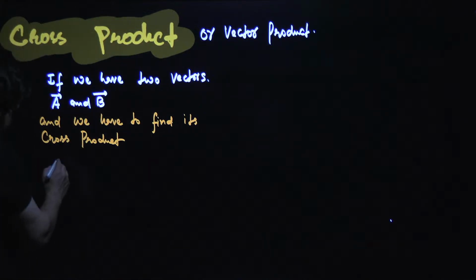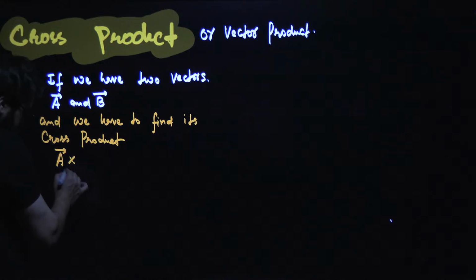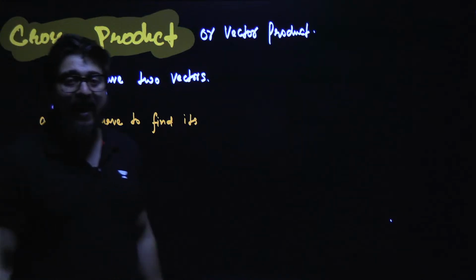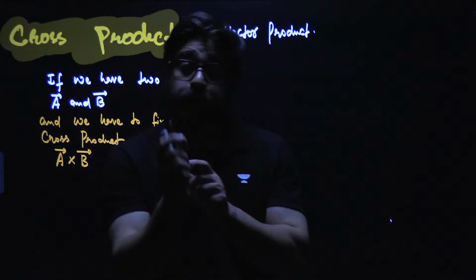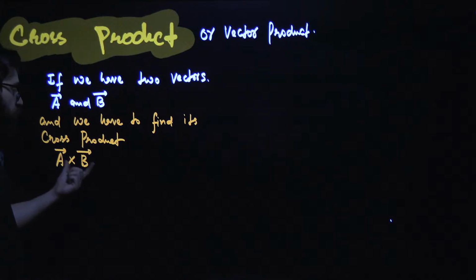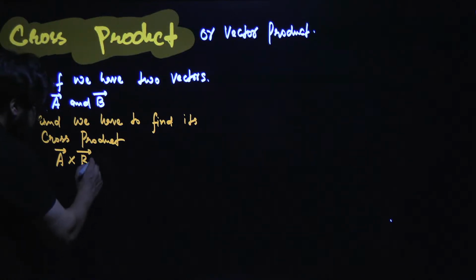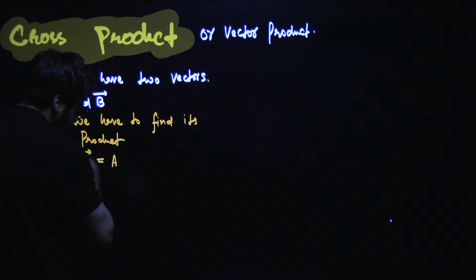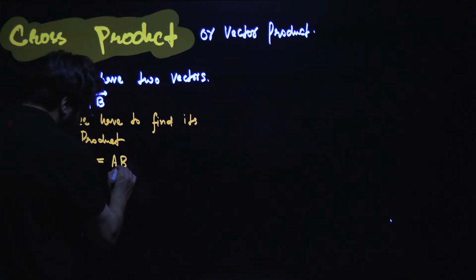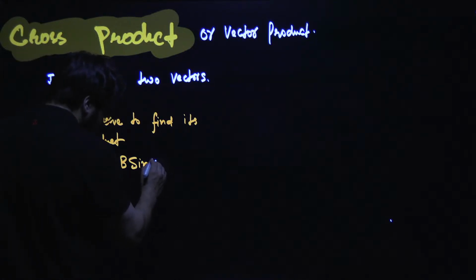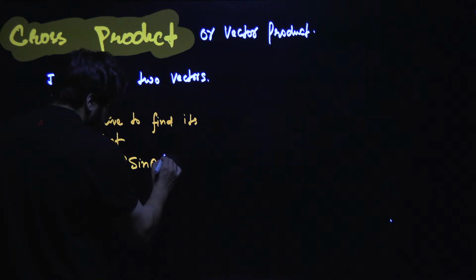See, I'll write it something like this: A vector cross B vector. In case of dot, I used to write A vector dot B vector. Here I'll write A vector cross B vector. And this will be simply mod of A, mod of B, and then sine of theta into n cap.